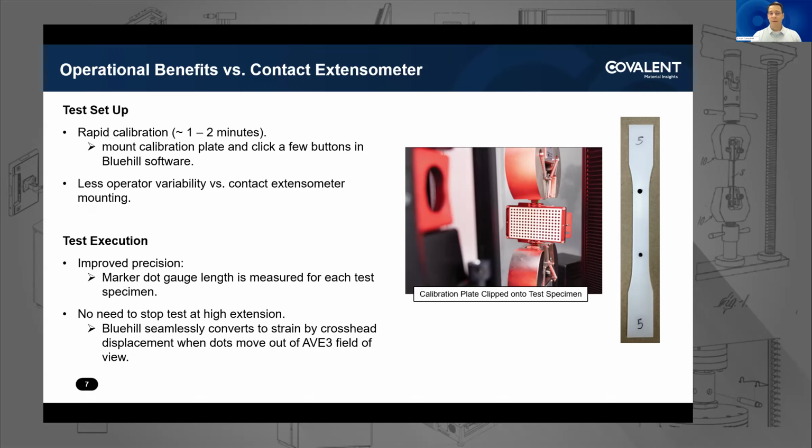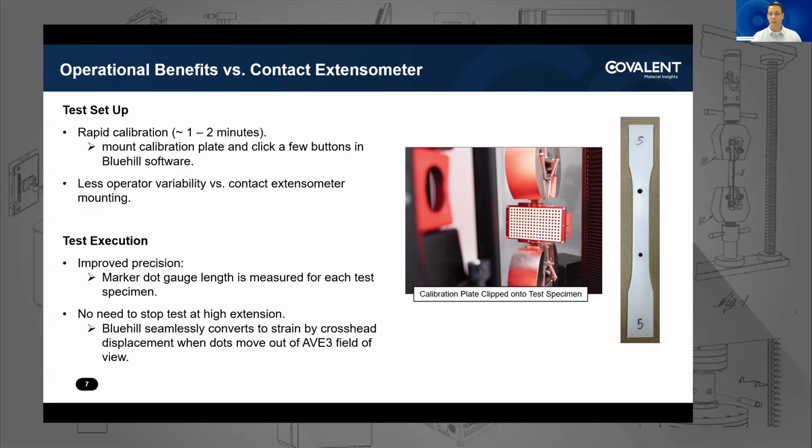When we move into test execution, we do find improved precision. The marker dots that you place on the sample, the AVE3 measures that specific gauge length for each test specimen, so you're not operating with a nominal gauge length as a basis to calculate your strain. And again, as Casey talked about a little bit, there's no need to stop your test when you have a high extension sample.